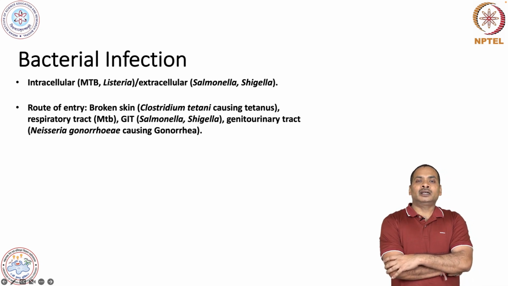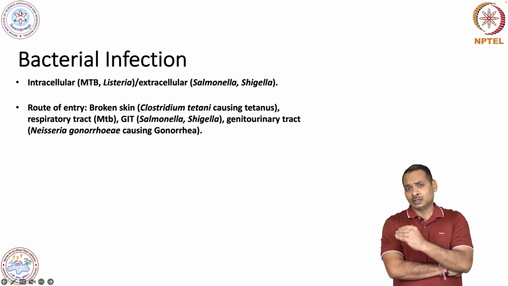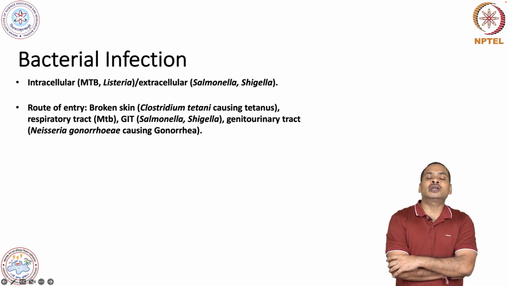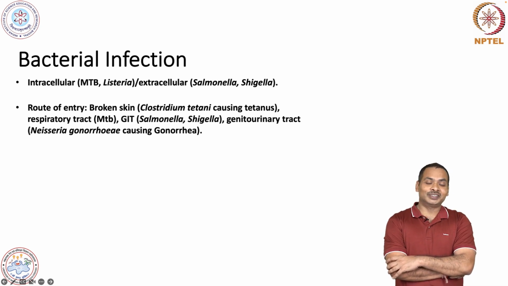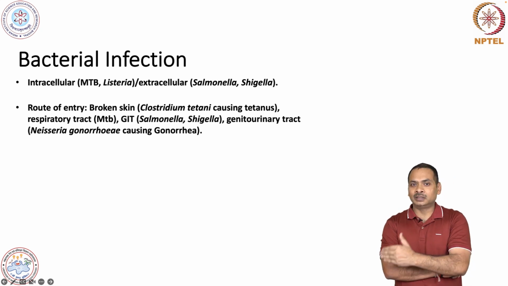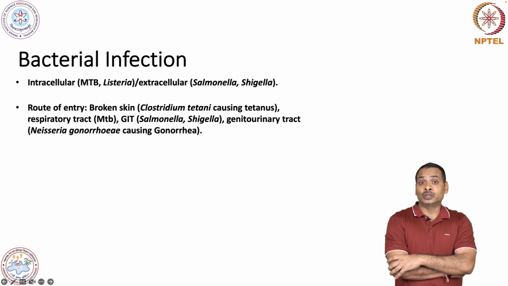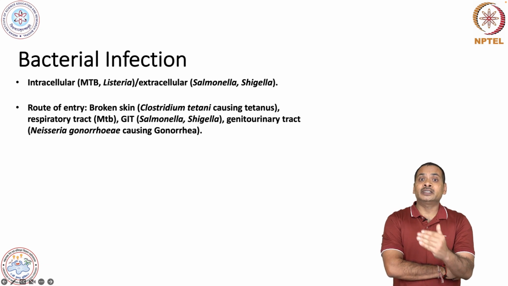A very good example where the route of infection is through skin is Clostridium tetani, which causes tetanus. I think you are well aware of this, because whenever you get hurt by some metal or something, you receive a vaccine which we call the tetanus vaccine. So, this is in order to avoid Clostridium tetani infection.